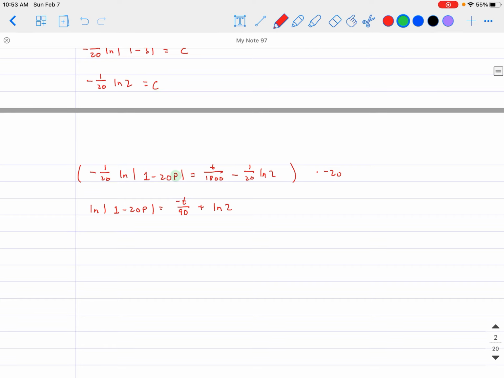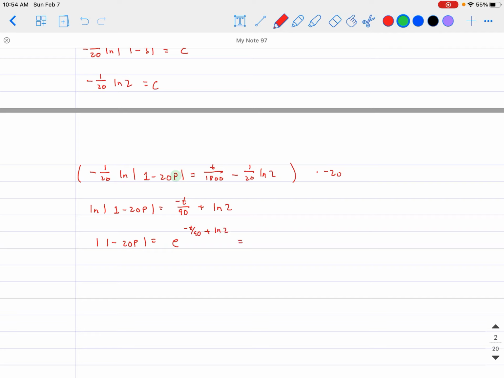Get rid of ln by taking the exponents of both sides. So the absolute value of 1 minus 20p, once again, is equal to e raised to the power of negative t over 90 plus ln of 2.